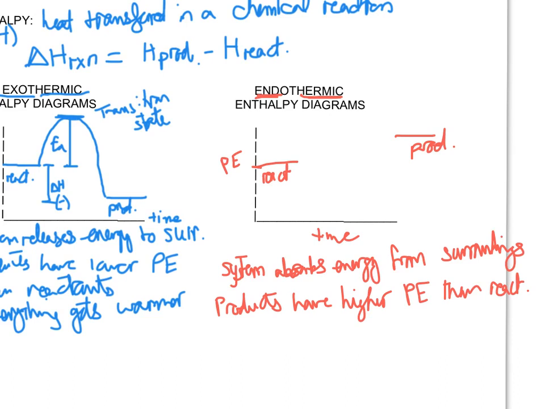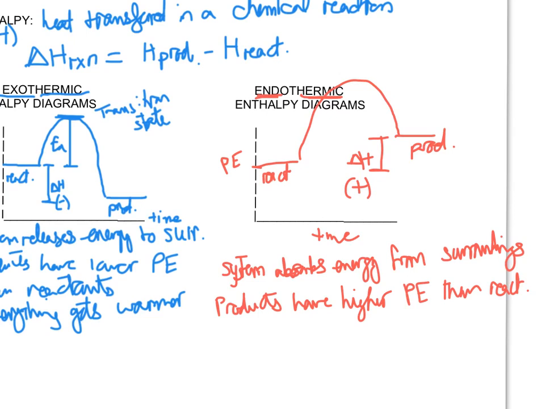Again, it doesn't go directly. You have like a little hump before it goes down. The difference between the products and the reactants is my delta H, and in this case, my delta H is going to be positive. That's because delta H is always products minus reactants. Higher number minus smaller number is going to be a positive number.